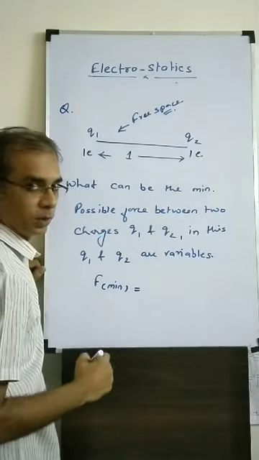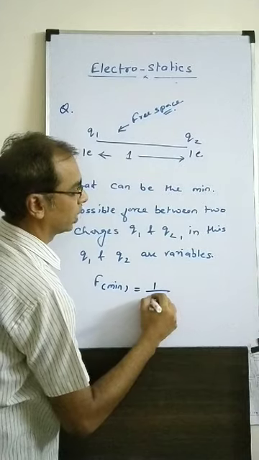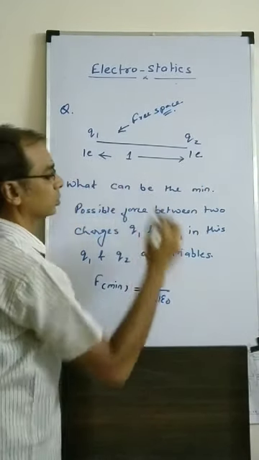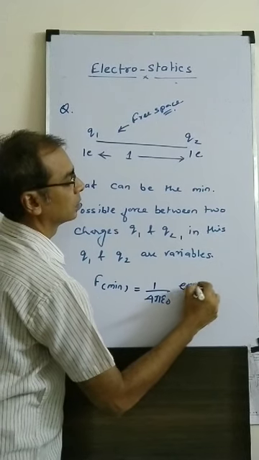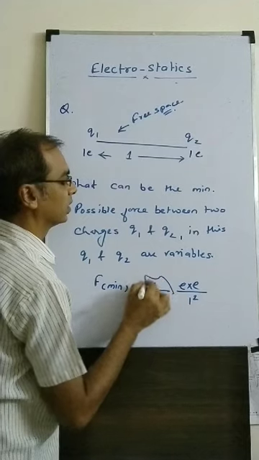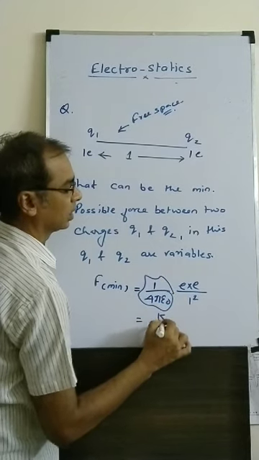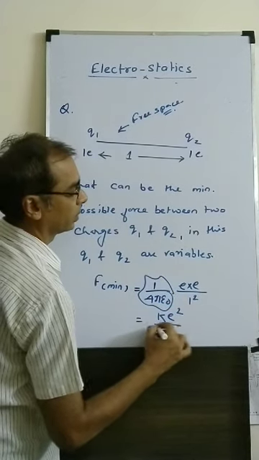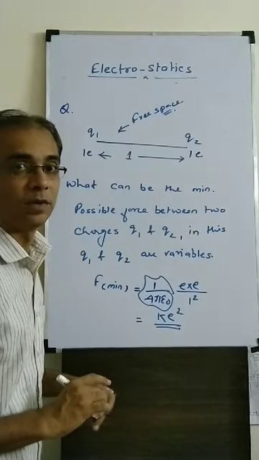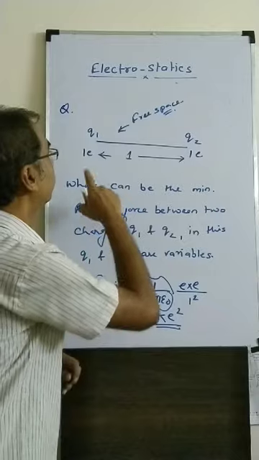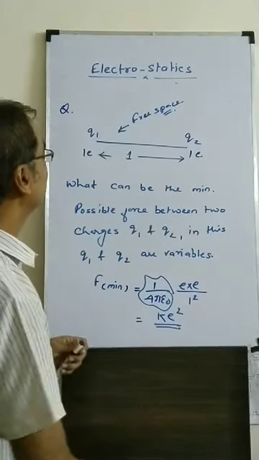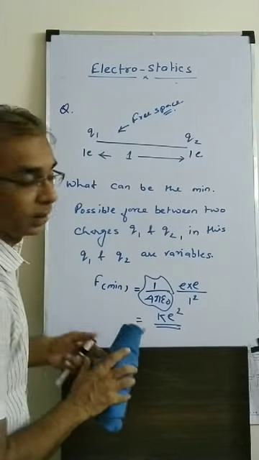Then what will be the force between them? 1 by 4 pi epsilon naught, Q1 Q2 by R square. If I write this as one constant, let's say K, then this force is Ke square. This is a question which was asked in one of the competitive exams also. What is the minimum possible force between two charges? It's a very simple question, but asked in competitive exams.